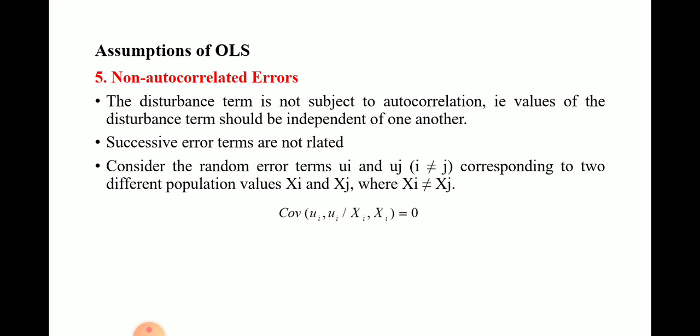And the fifth one is no autocorrelation. You might have learned about correlation. What does correlation mean? The relationship between two different sets of variables. What is meant by autocorrelation? Correlation within a single variable. How can we find the correlation within a single variable?